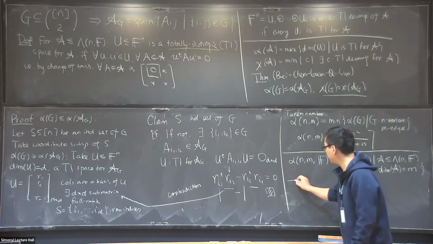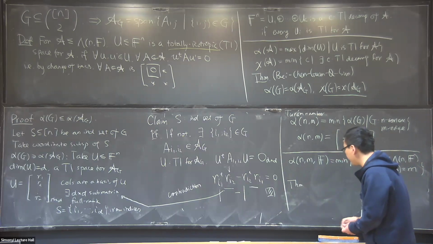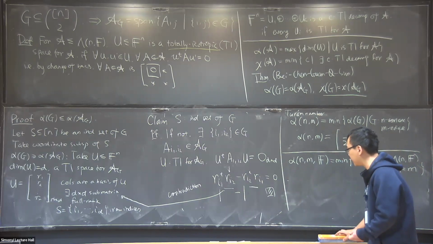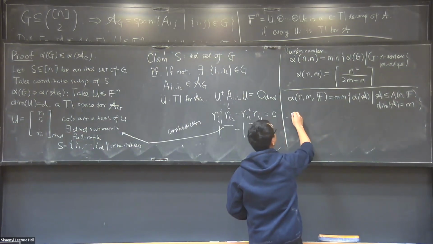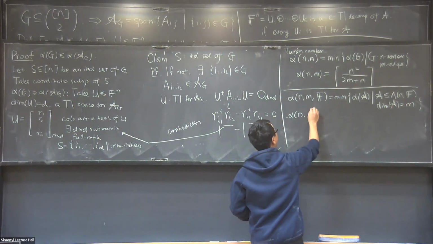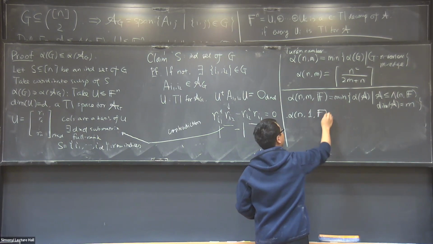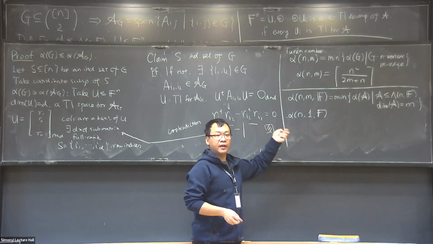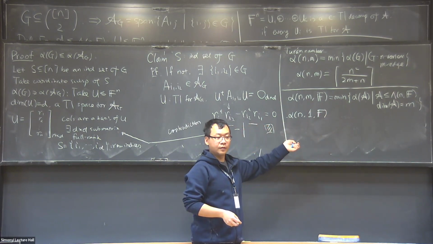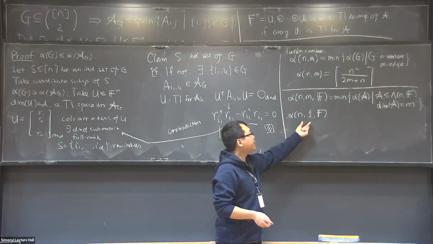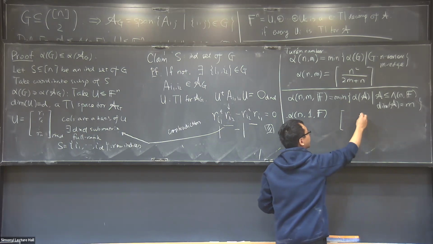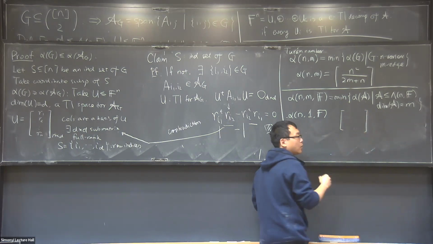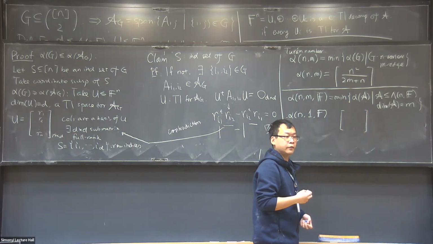Maybe I'll give you an example. First, let's look at alpha(n, 1, F). One means that we are looking at a single skew symmetric matrix. A single skew symmetric matrix can always be brought into some canonical form.